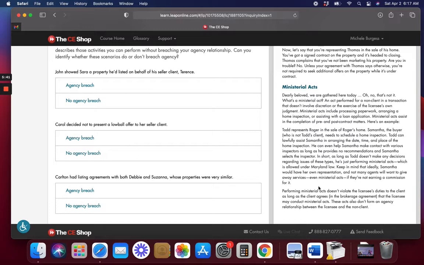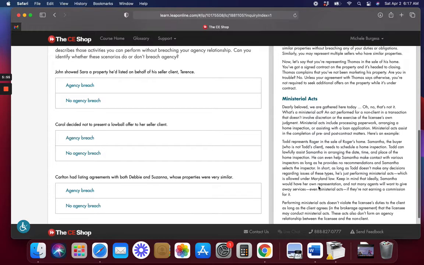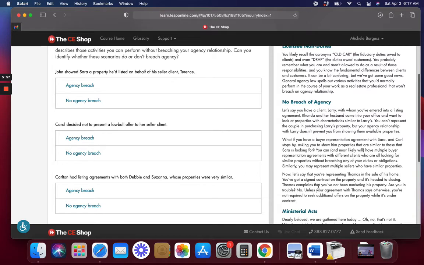You might end up getting 2 or 3 clients in the future just from being nice to this one person without being compensated. Performing ministerial acts does not violate the duties to the client. These acts also don't form an agency relationship. All right, no breach of agency.